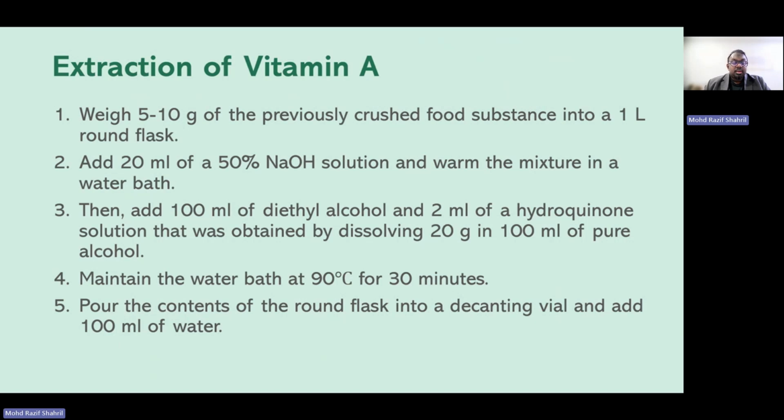We also add 100 ml of diethyl alcohol and 2 ml of hydroquinone solution, where we maintain that water bath at a hot 90 degrees Celsius for exactly 30 minutes. And after decanting it into a vial and adding water, we use ethyl ether and petroleum ether to shake and extract the samples.